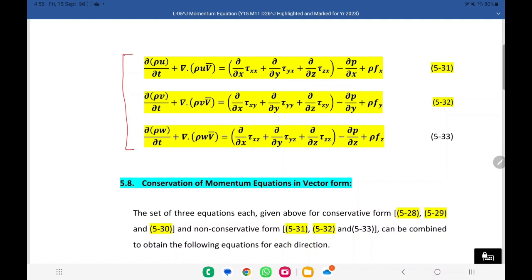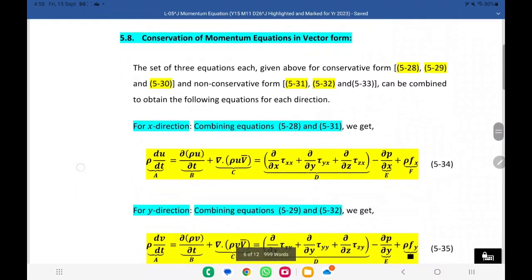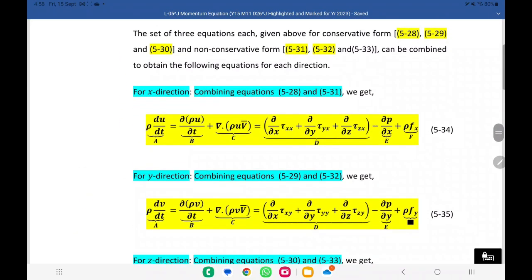In a vector equation, if you separate the x, y, z component, these are three equations. Or if you put the three components together, it becomes a vector equation. So we are going to do that, and I'll prefer to do it slightly, and reason being that we will close with this. So this chapter will also be closed. Okay. Will take only hardly 5 to 7 minutes, and this will be over.